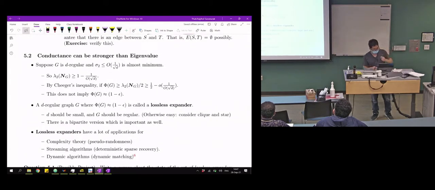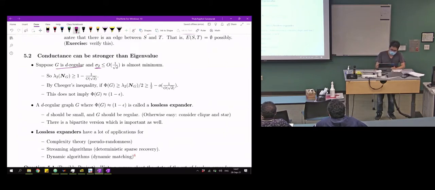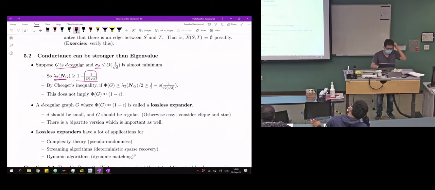Let's look at another way around. Suppose that the graph is d-regular and sigma 2 is as small as possible already. So you would have that lambda 2 is this much, is larger than 1 minus this.